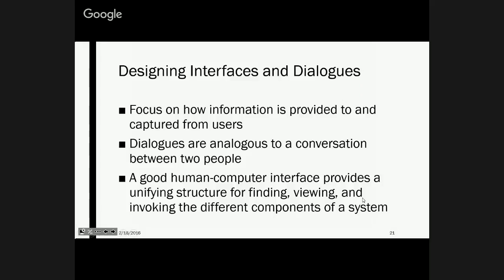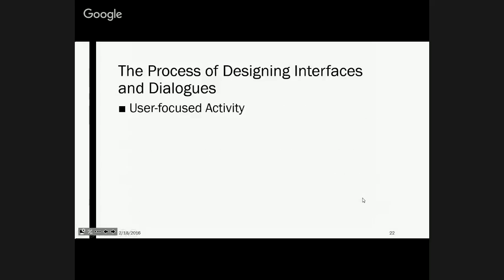A good human computer interface provides a unified structure for finding, viewing, and invoking the different components of a system. We all have tons of examples where it's not unified, right? Like it works one way here and it's clear someone else designed the other part. Again, this keeps coming up, user-focused activity.